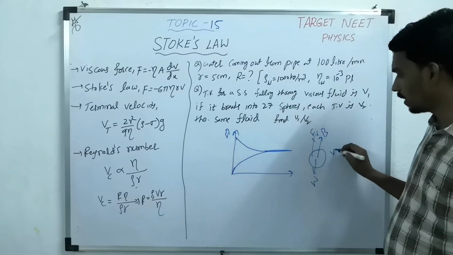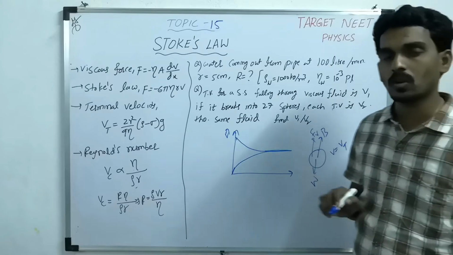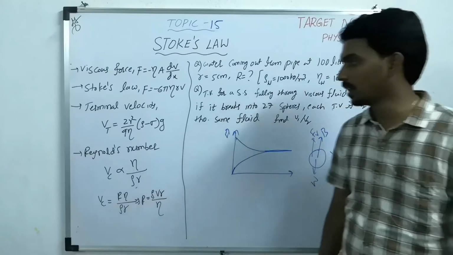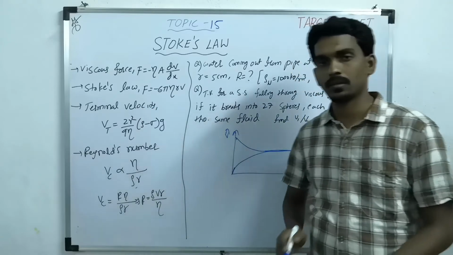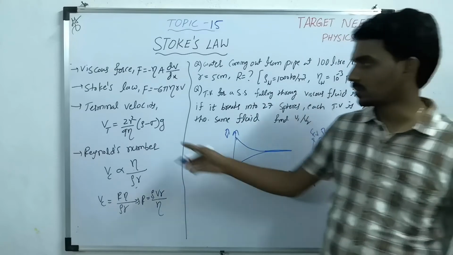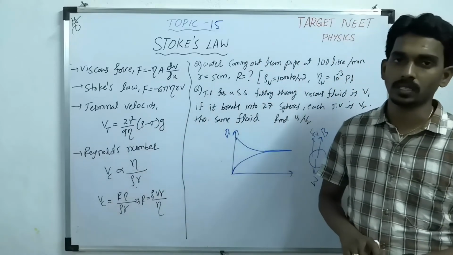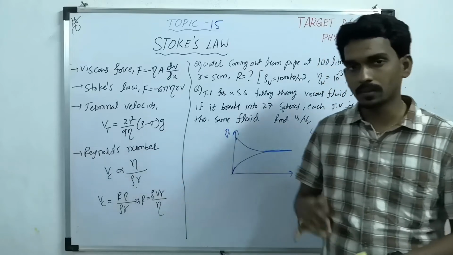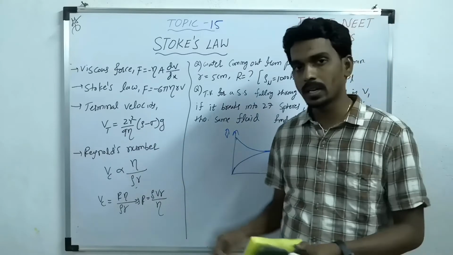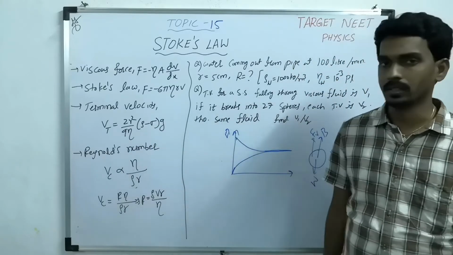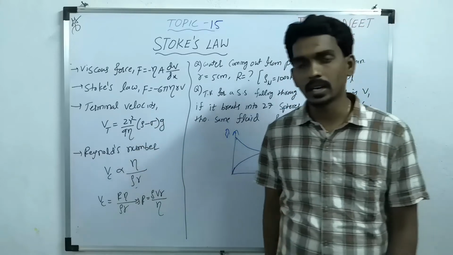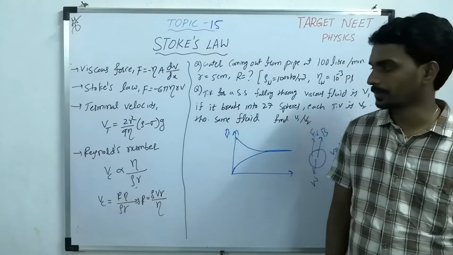At that moment the velocity of the body remains constant, and that constant velocity we call terminal velocity. From this equation you can derive it as 2r squared by 9 eta times (rho minus sigma) g, where rho is density of the spherical body, sigma is density of the liquid, r is radius, eta is coefficient of viscosity.